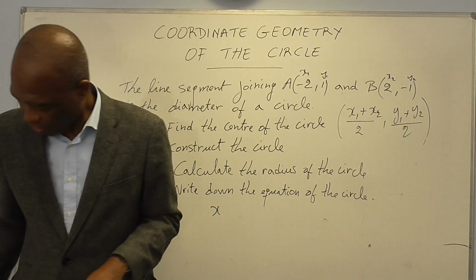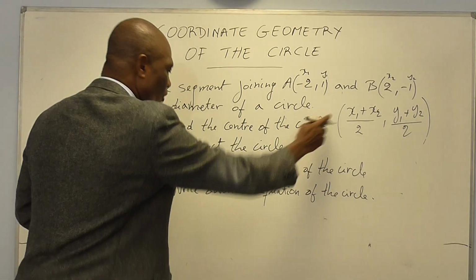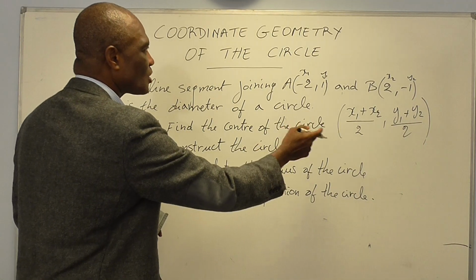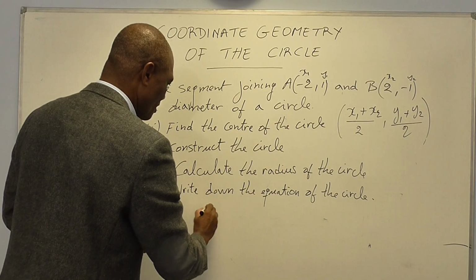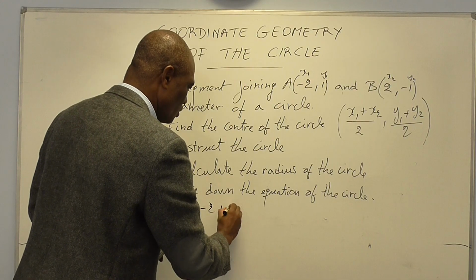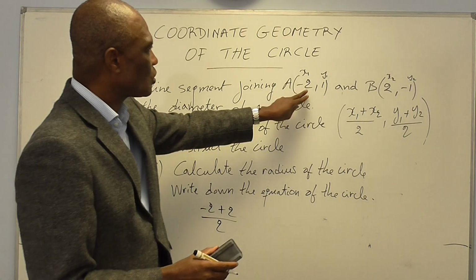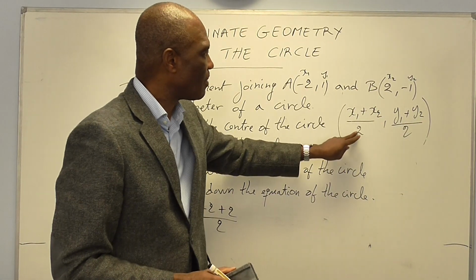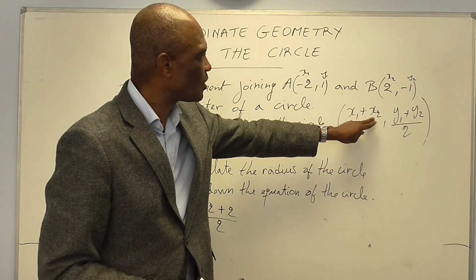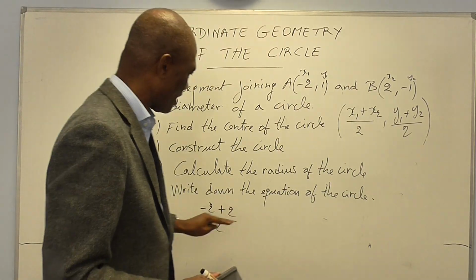Now, I'm going to add them. The formula says x1 plus x2. Look, x1 is there, minus 2 plus 2 divided by 2. So x1 plus x2 divided by 2, minus 2 plus 2 divided by 2.